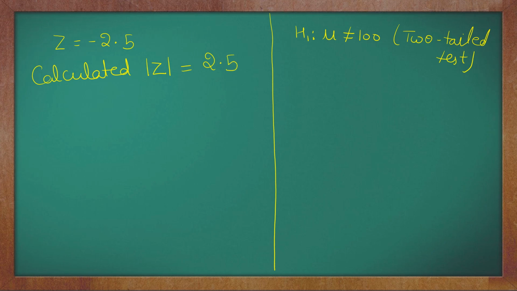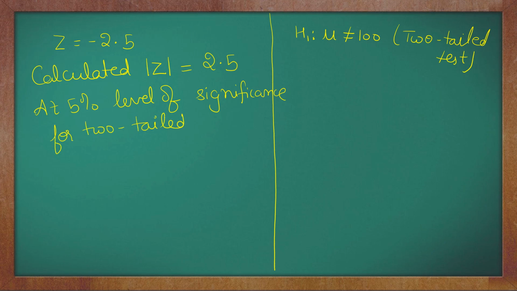Done. We got it. Now, what level of significance was given in the question? We have read it. That is 5% level of significance, for a two-tailed test.